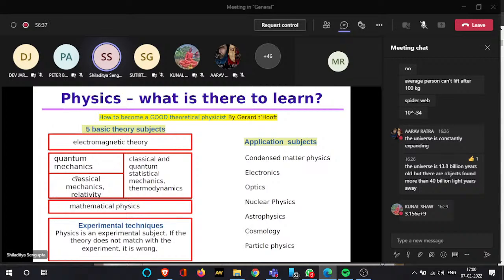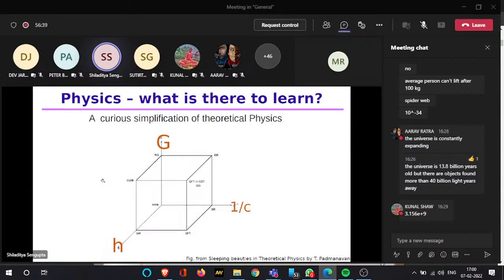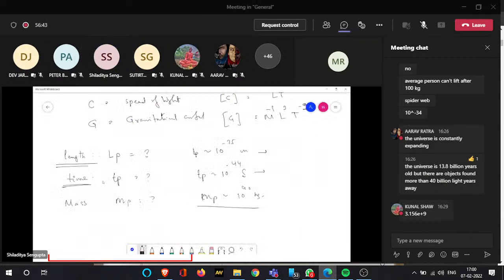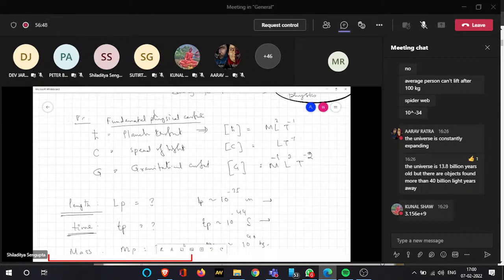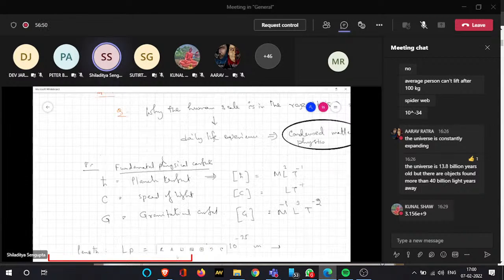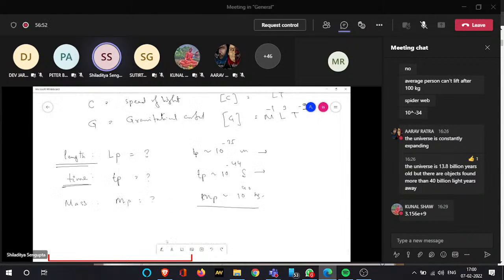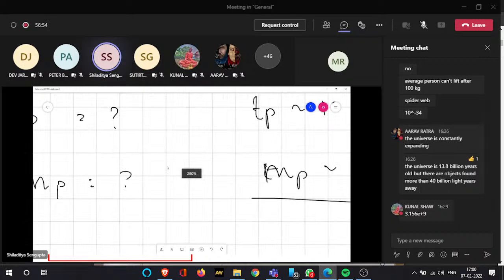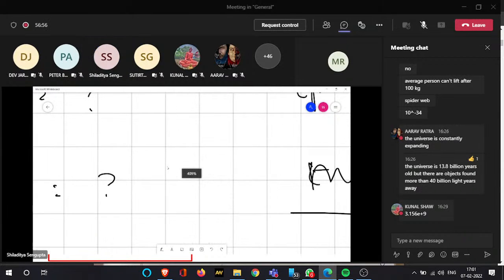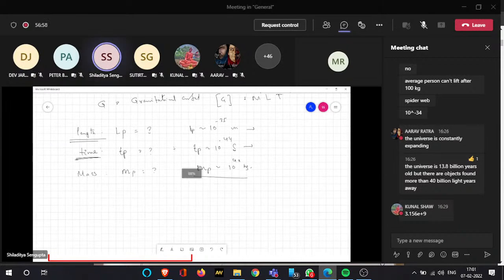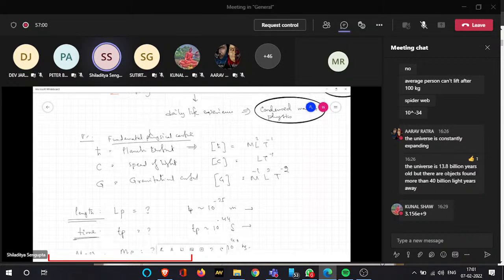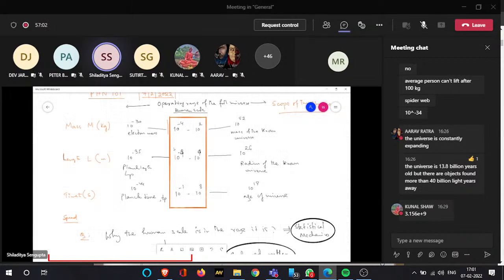So you learn about the fundamental rules here. So in this picture, this is the entire range of the universe that you can study in physics.